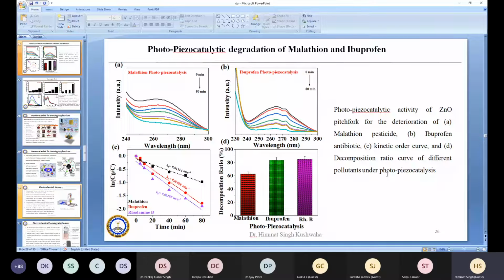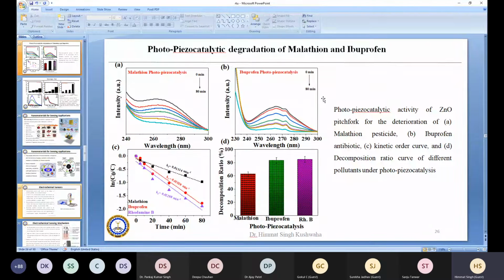And this catalytic process can be used for other kinds of pollutants also, like malathion, which is a pesticide present in river water and agricultural water discharge, and the other one is ibuprofen, which is a pharmaceutical drug, also present in wastewater and river water.